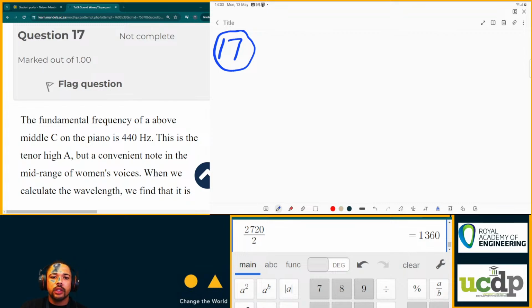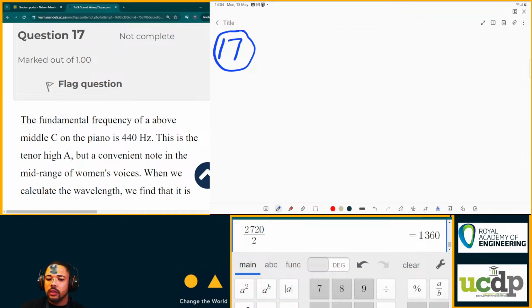Now, when we calculate the wavelength, we find that it is... So this question is basically asking us to calculate the wavelength of this A above middle C note on a piano, which is 440 Hertz.